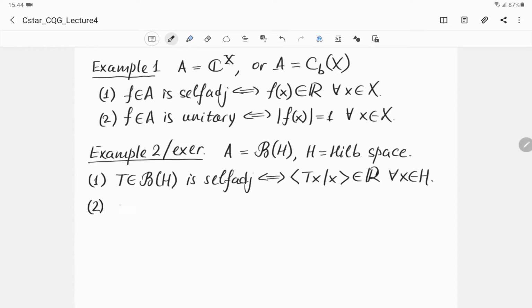And second, an operator U on H is unitary in the sense of the above definition if and only if it is unitary in the geometric sense of the word, that is, if U is bijective and preserves the inner product.